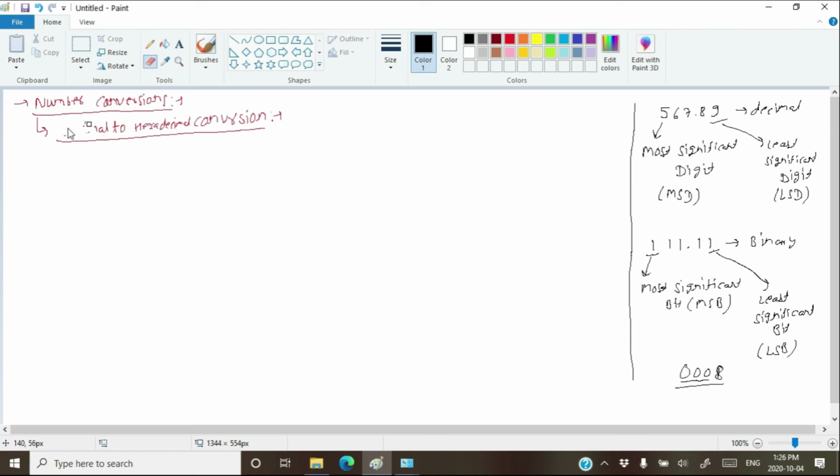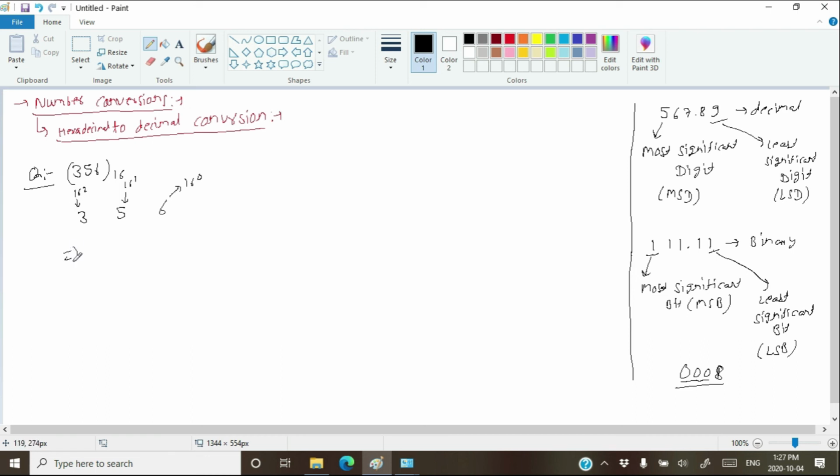The next topic is hexadecimal to decimal conversion. Let's take the first example. 356 in hexadecimal. Just write these numbers 3, 5, 6 and give them weights from right to left. 16 to the power 0, 16 to the power 1 and 16 to the power 2.